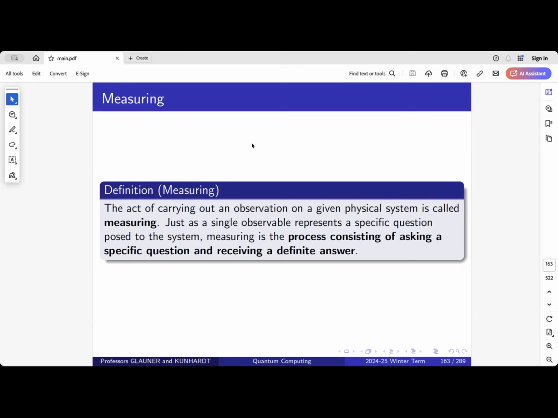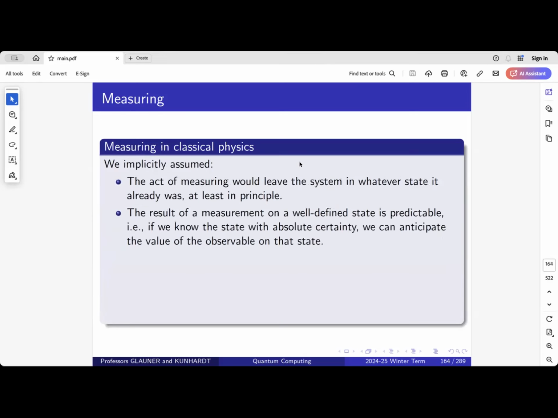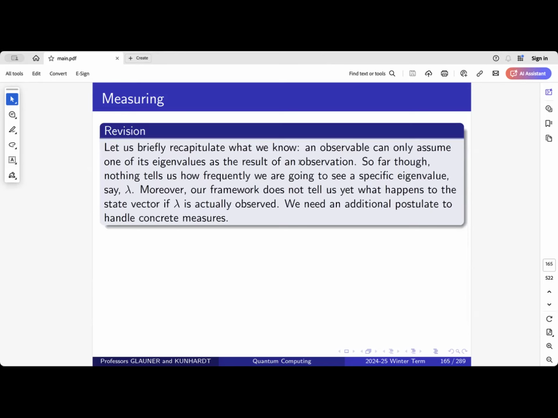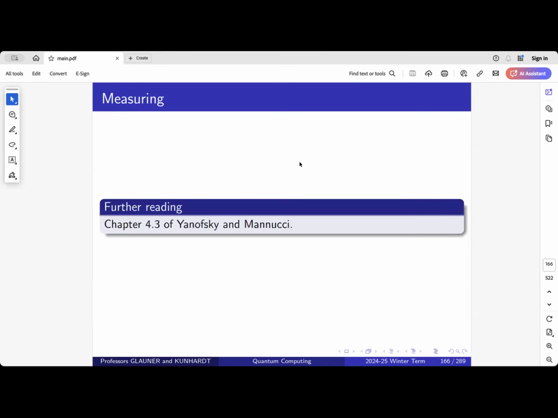A high amplitude would mean most of the time you would measure the 1, because there's a low amplitude for the 0, but not all the time. So the measurement itself is also a probabilistic operation. And there's lots of text in here about this, with some theory, and you can read more in the book.